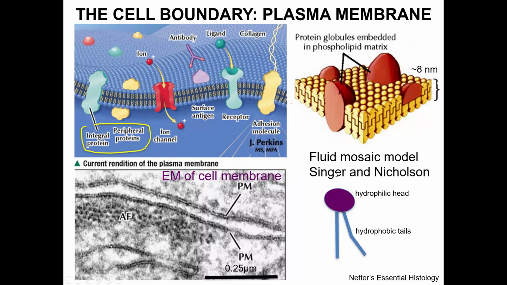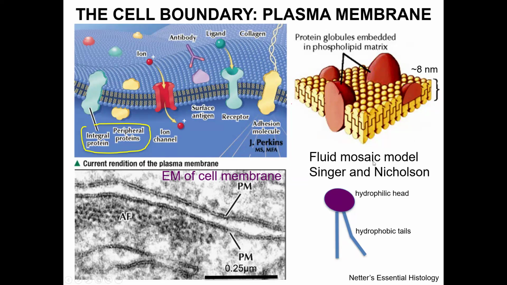The fluid mosaic model of Singer and Nicholson envisions the proteins either as spanning the bilayer, and these are the integral membrane proteins, or being attached on either side to the phosphorylated heads. The integral proteins are contrasted with the peripheral proteins.